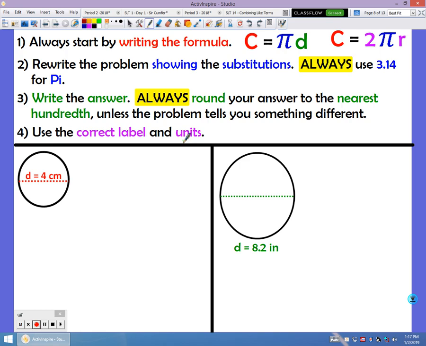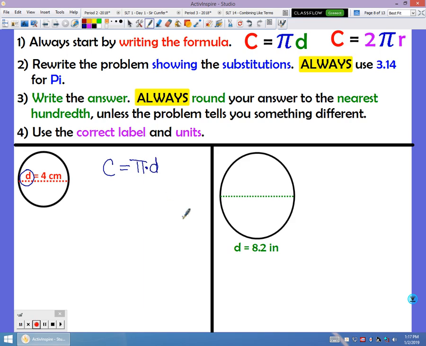Let's try a couple. We're going to work down the left side of the page. I'm going to save the right side for you guys to do as your tries. So looking at this first circle, we are asked to find the circumference. I notice I'm given the diameter, or the D. So the more efficient formula is circumference equals pi d, or if it helps, pi times d.